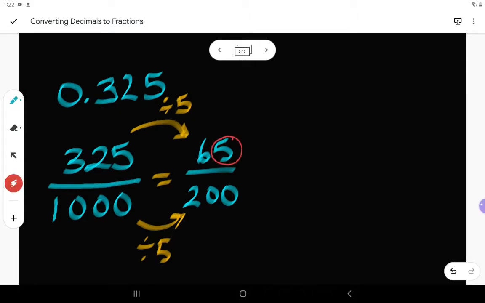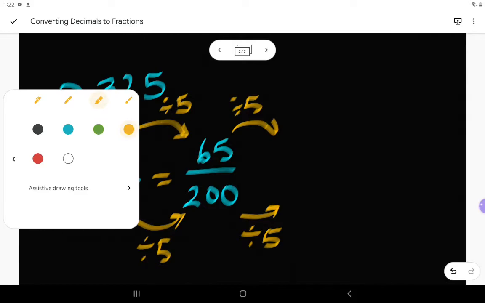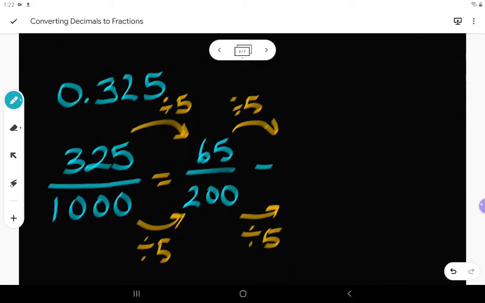Both numbers still end in 5 or 0, so they are divisible by 5 again. Dividing both by 5 gives me 13 over 40. That's my fraction now in lowest terms.